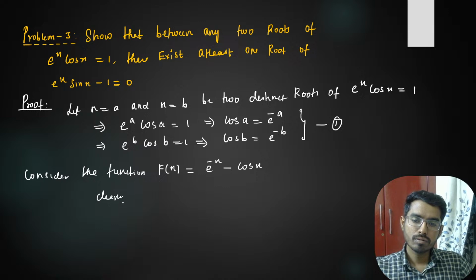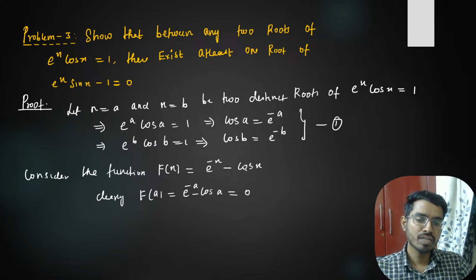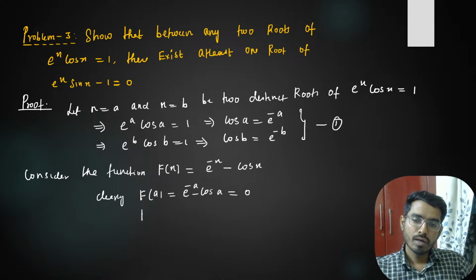Clearly, f of a is e power minus a minus cos a, and this is 0 because e power minus a is the same as cos a, so cos a minus cos a is 0. And f of b is e power minus b minus cos b, and this is also 0.